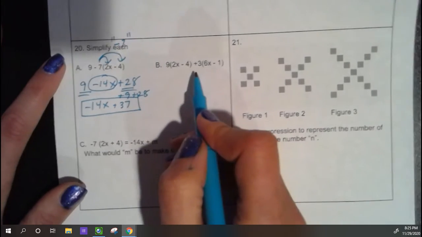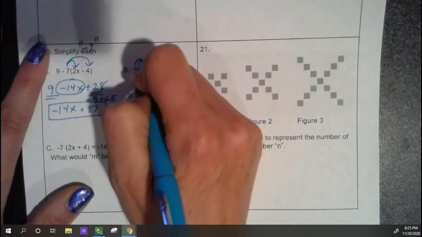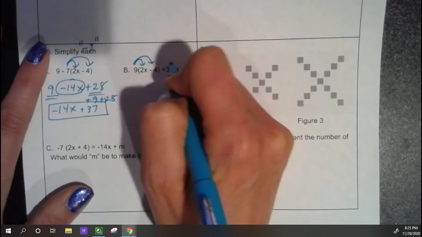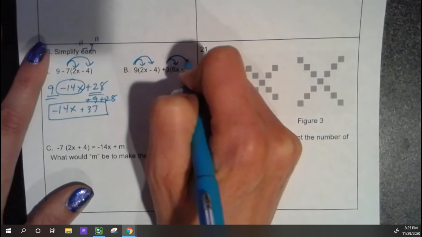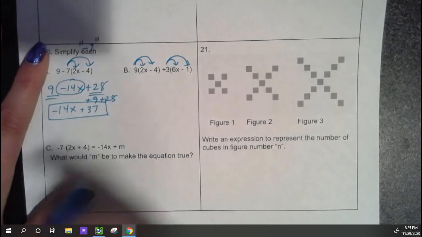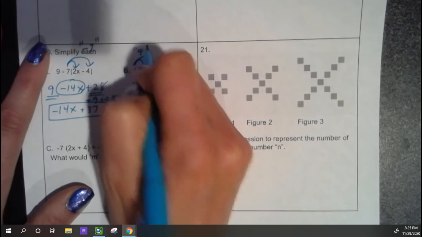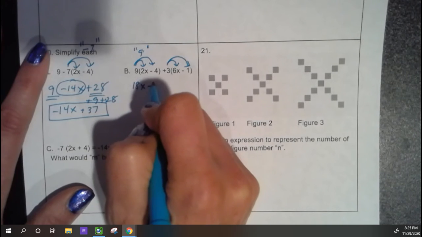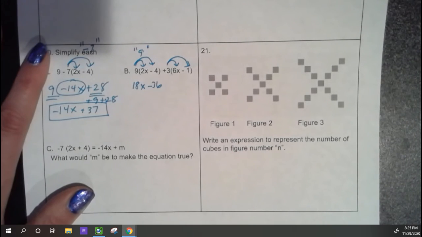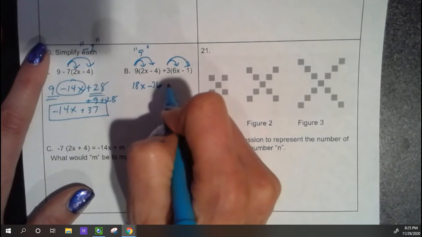Okay, Mac Daddy problem here. I'm going to have a lot of distributing. We're going to see a lot of these as we move into our 8th grade level equations. So let's see, I'm distributing 9 there, multiplying everything by 9, and that's negative 36. I times them both by 9. Here I'm going to times them both by 3.